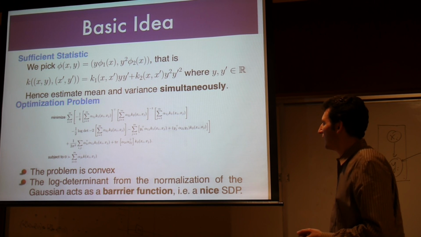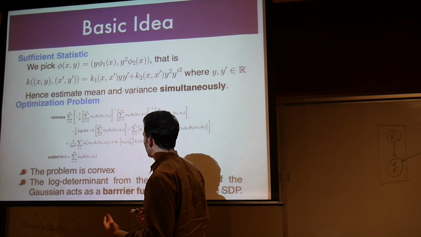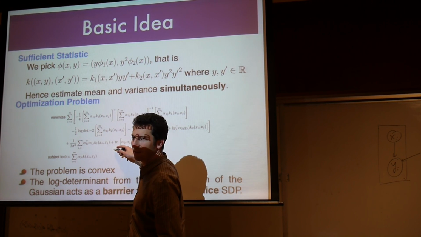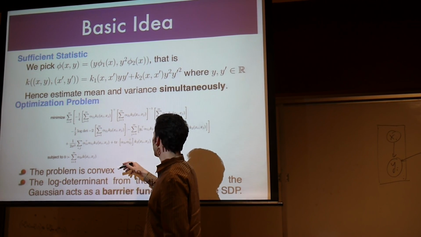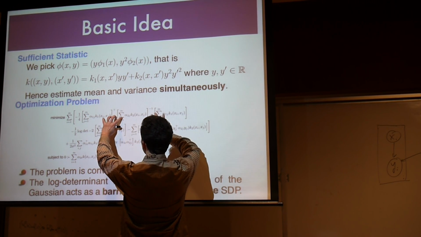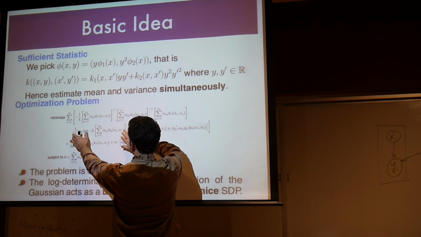Okay. So now, if I just look at the log likelihood, you get this fairly atrocious looking mess here. Let me parse it for you because it's a big mess. This is basically nothing else than the normalization.